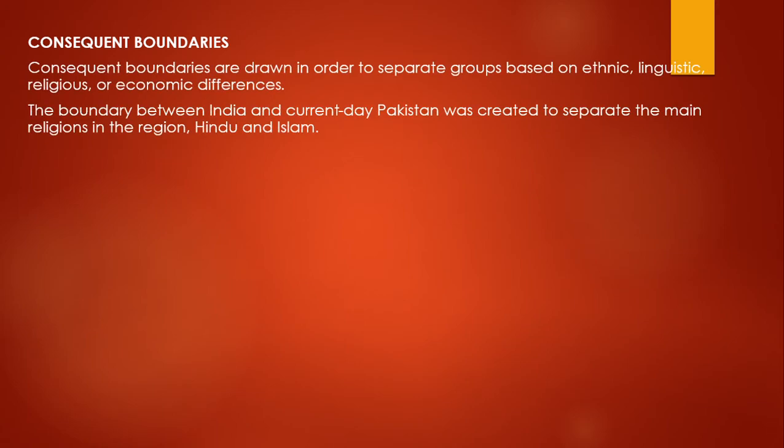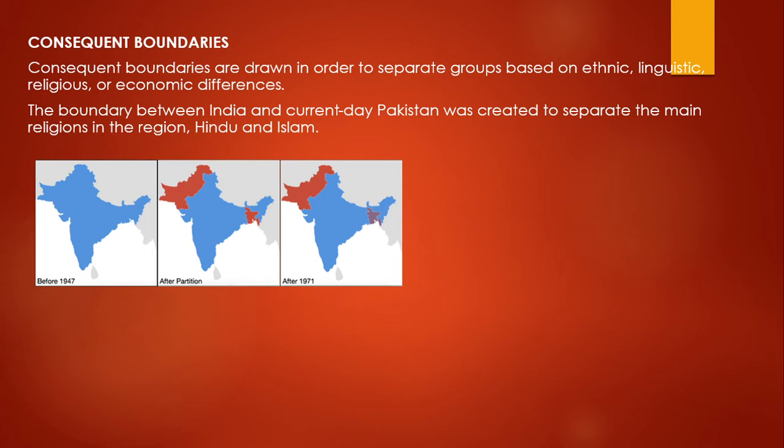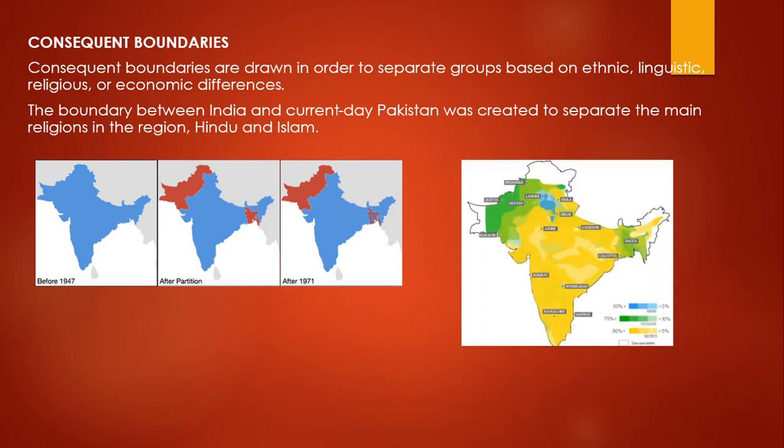Consequent boundaries are drawn in order to separate groups based on ethnic, religious, or economic differences. The boundary between India and current-day Pakistan was created to separate the main religions in the region, Hindu and Islam. So before, it was solid, and after that it was divided according to religion.